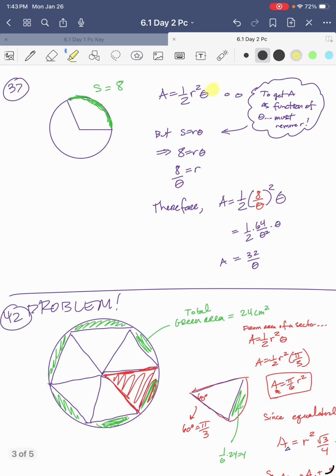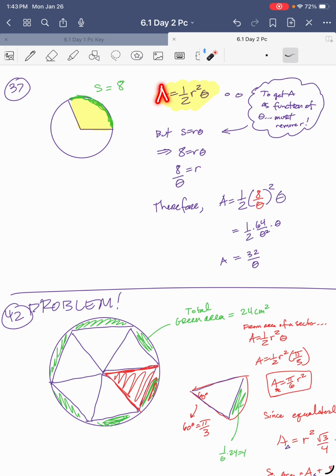Well, first thing I do is I say, look, I have this memorized as the area formula for a sector. So that's going to be the area of this sector. And notice it has an r and a theta in it. So to get A as a function of only theta, I have to remove this r somehow.